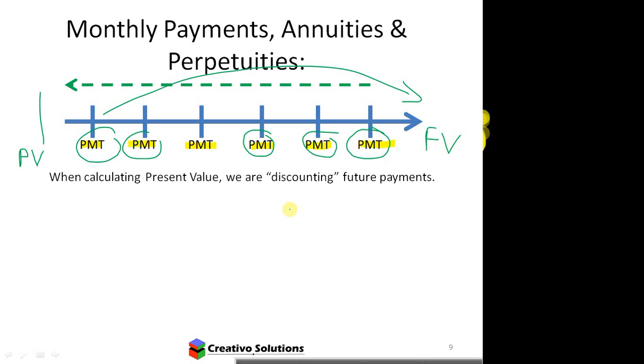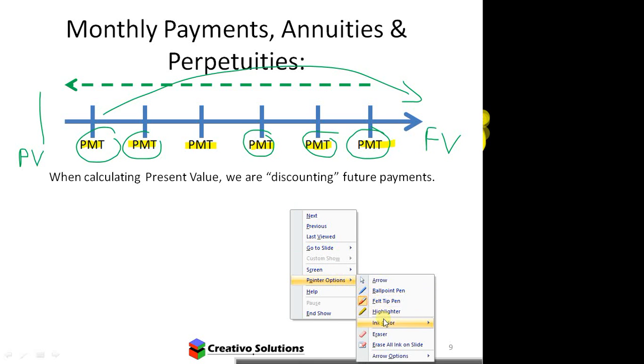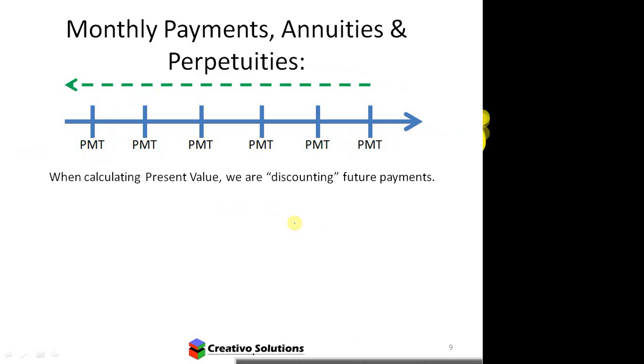It doesn't matter. But if I just focus on what I've got here, I'm taking it backwards. If I take things backwards, that's called discounting. Discounting means taking things back, always. So if I discount, amounts get smaller.